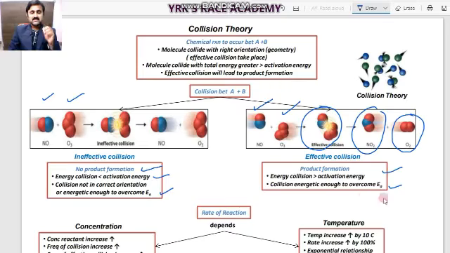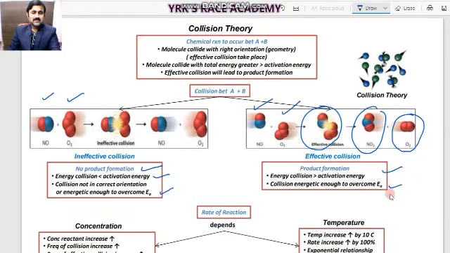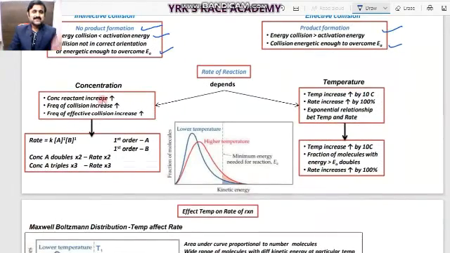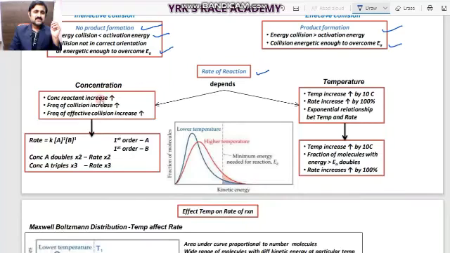That is the thing. Here you can observe how reaction rate depends on concentration and temperature. So it depends on concentration. Concentration increases, the frequency of collision increases, and rate increases. The frequency of effective collision increases, then rate increases. These are the concentration factors.